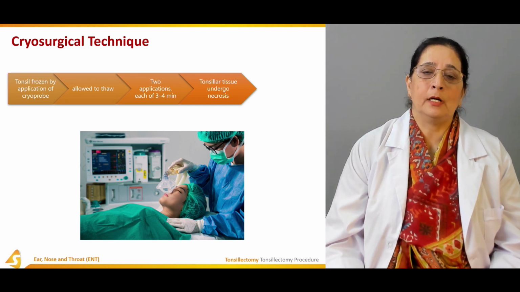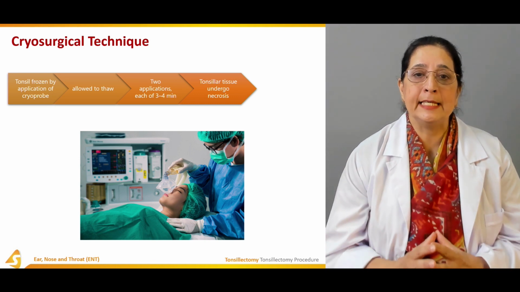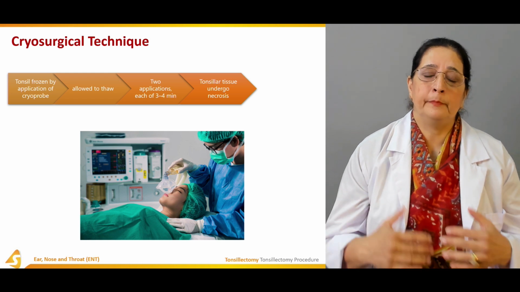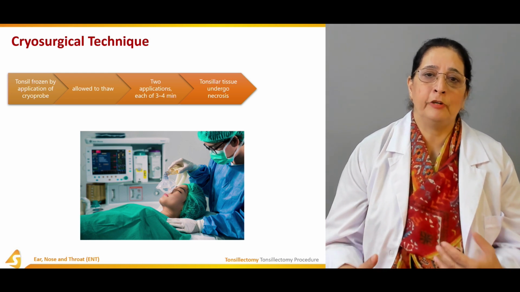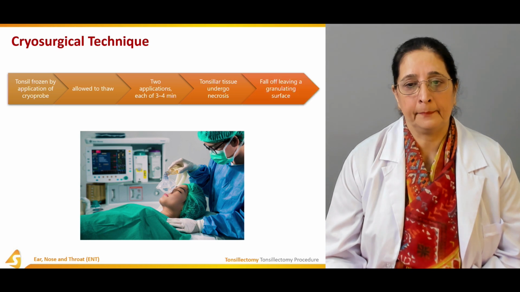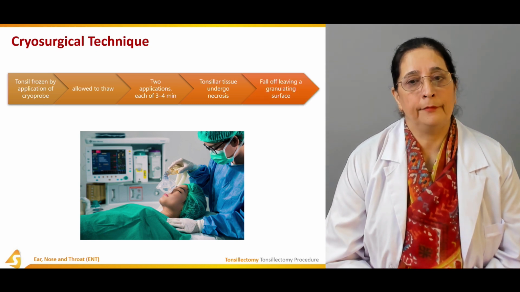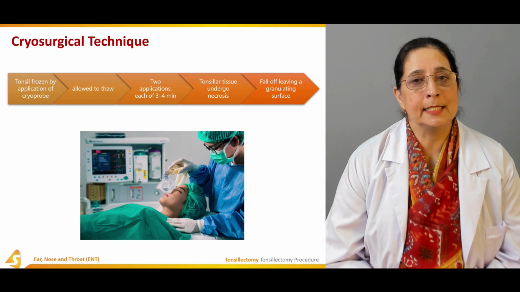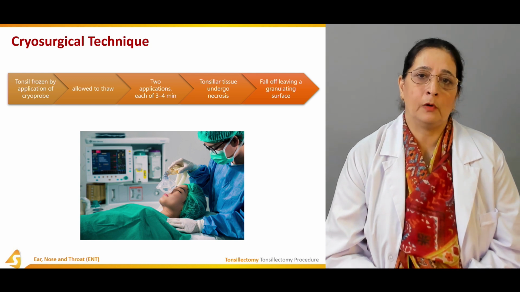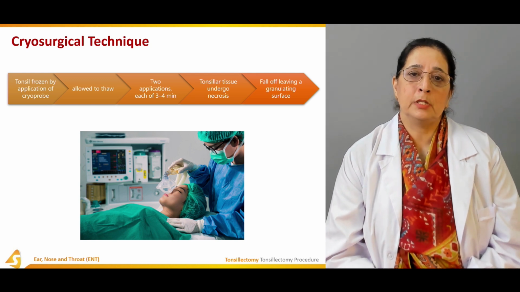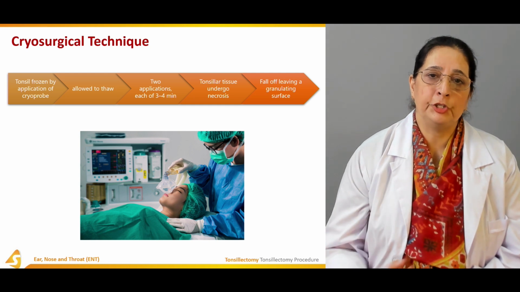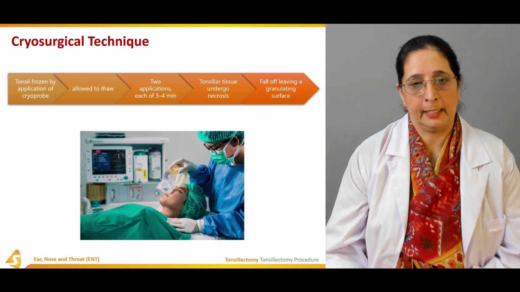Death of the tissue occurs as a result of that freezing temperature, which is performed twice for a 3 to 4 minute duration. The tonsils fall off after the necrosis, leaving a granulating surface behind.